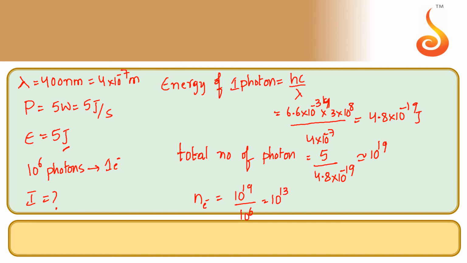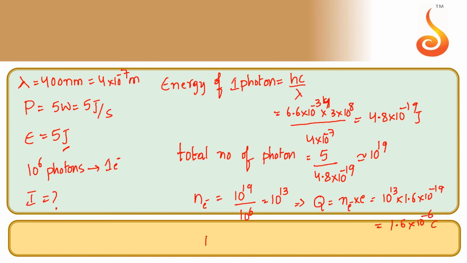Since we know the number of electrons, now I can calculate the total charge emitted. The total charge is equal to number of electrons emitted into charge of electron, which is 10 power 13 into 1.6 into 10 power minus 19, which will give us 1.6 into 10 power minus 6 coulombs.